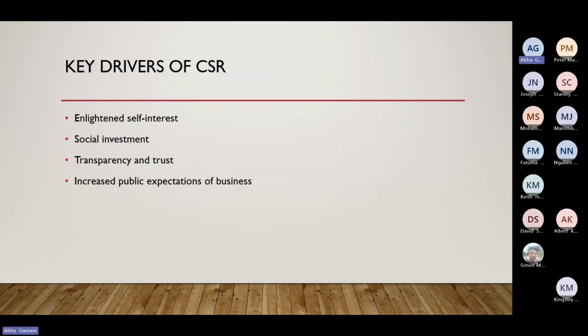If I ask you what are the key drivers, why anybody wants to do CSR in the first place? Maybe they have their self-interest. Those people who want to follow it are so humble, even after achieving so much, they want to do things because it gives them self-contentment and inner peace.